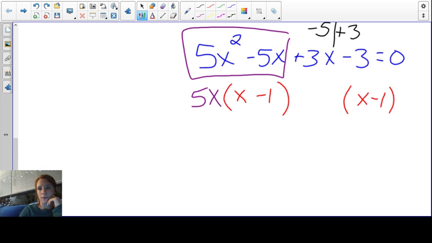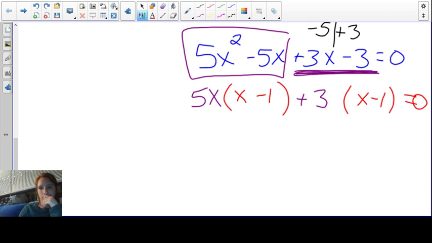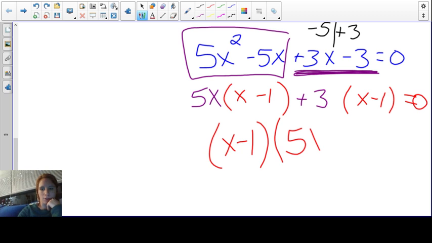Taking a look at the second two terms, 3 divided by 1 equals what? Good, 3. So my answer is one of the copied and the other stuff put together.